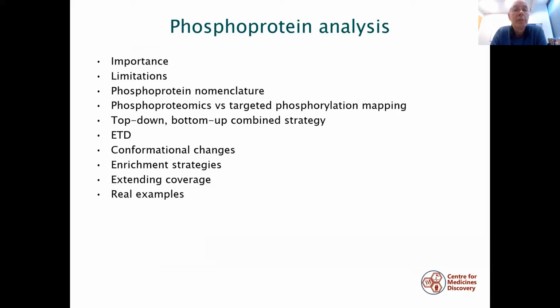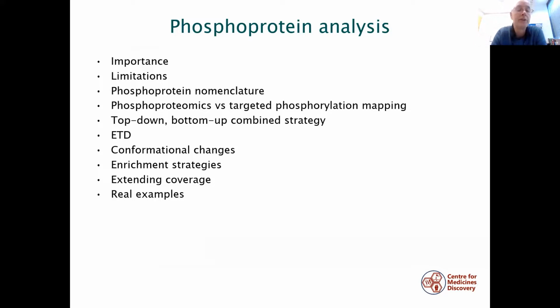So we will look at the importance of protein phosphorylation. We will look at some of the limitations in phosphoprotein analysis. We'll look at phosphoprotein nomenclature, and we'll look at phosphoproteomics versus the targeted phosphorylation protein mapping approach. We'll look at a combined top-down and bottom-up phosphorylation mapping strategy.